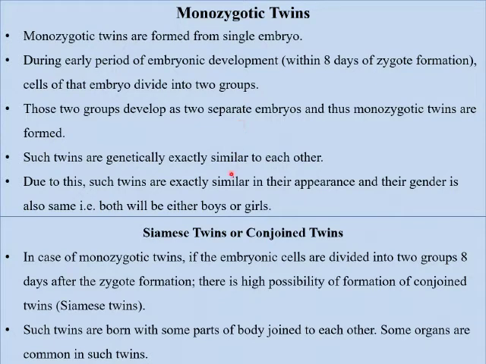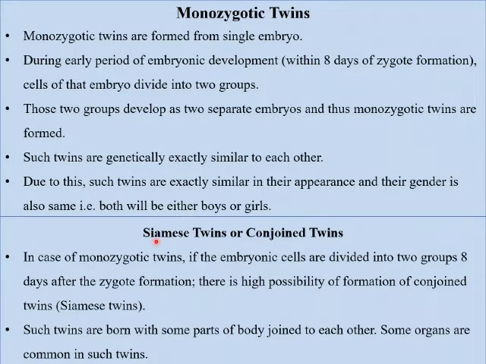Hence the two individuals will be genetically identical and very similar in appearance. Those which are exactly similar to each other in appearance are monozygotic twins.